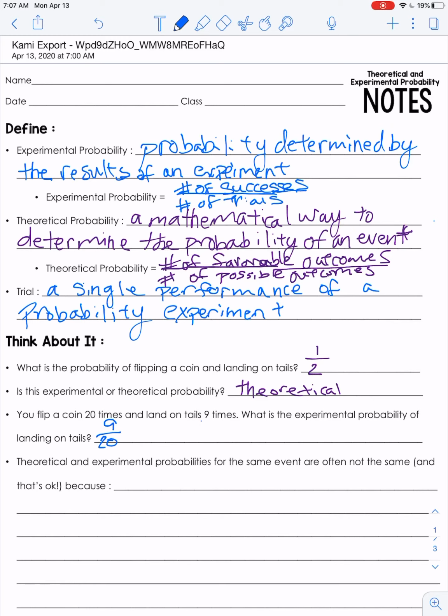So we have an experimental probability of 9/20, which, as you can see, is different from the theoretical probability. The experimental and theoretical probabilities for the same event are often not the same, and that's okay. But they are usually fairly close to each other. So 9/20 is only 1/20 away from 1/2.